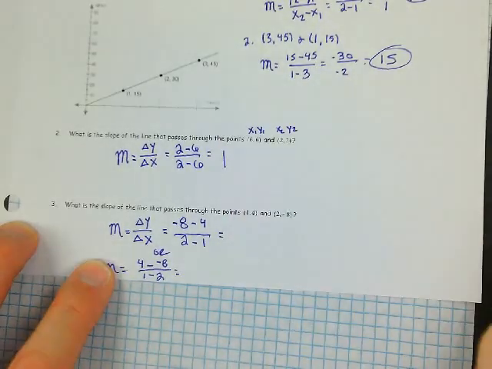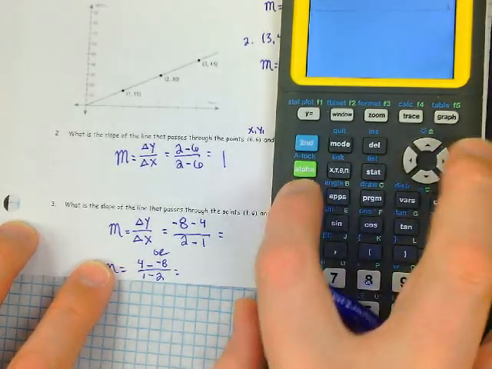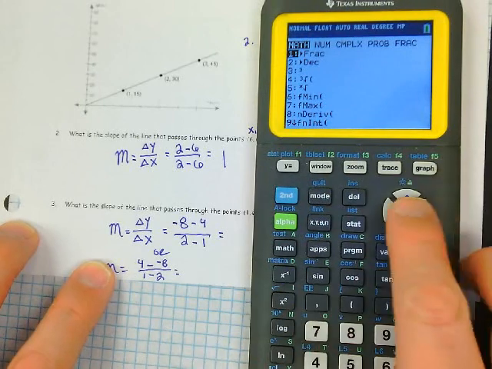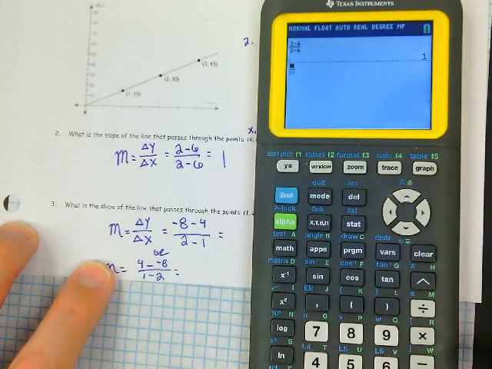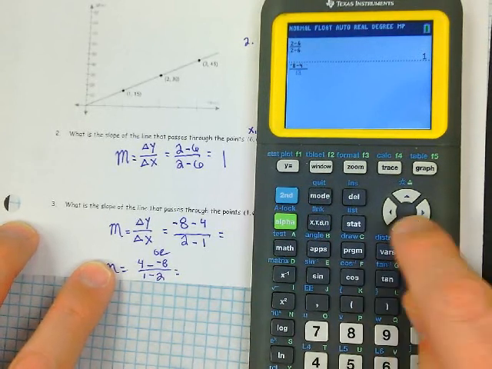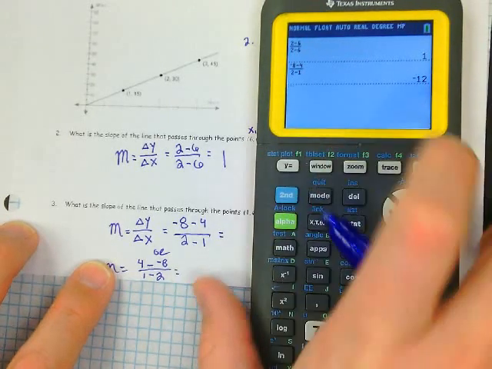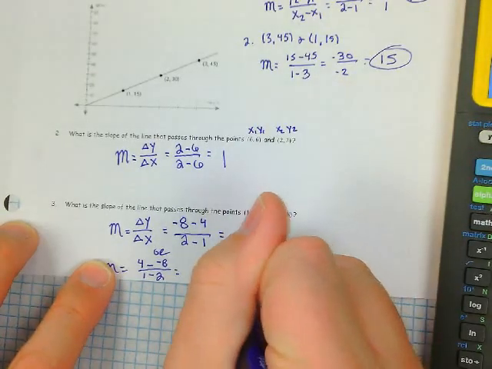Either way, negative 8 minus 4, okay, we can do this in the calculator. We can hit math, we can arrow over to fraction, and then we'll do negative 8 minus 4 over 2 minus 1, gives me a slope of negative 12.